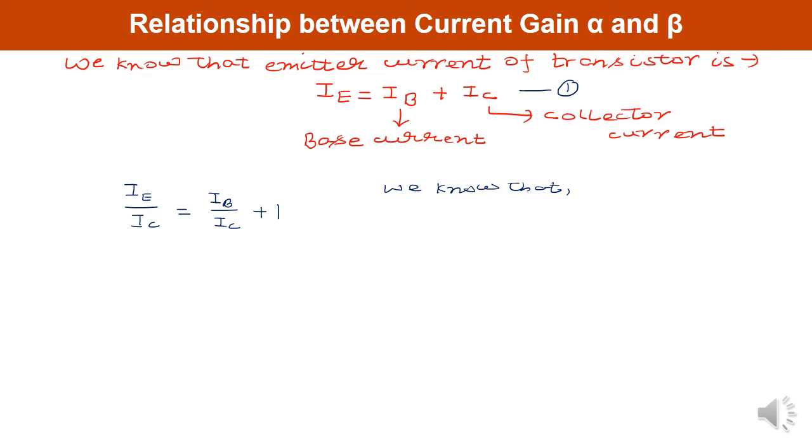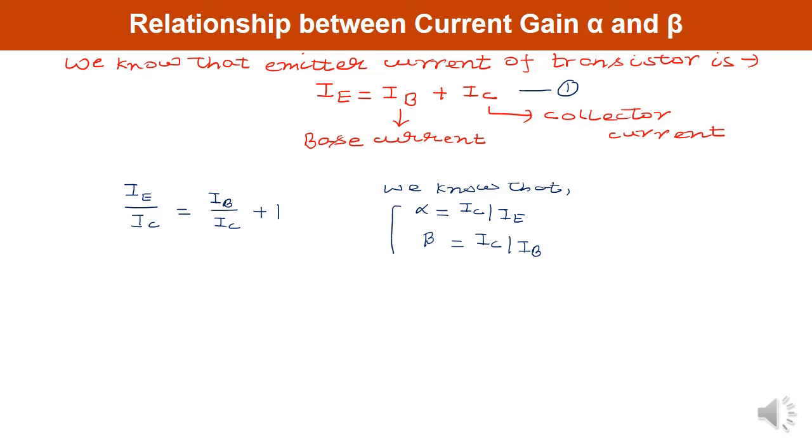We know some terms we have already studied. Alpha is nothing but IC over IE. At the same time, beta is IC upon IB.